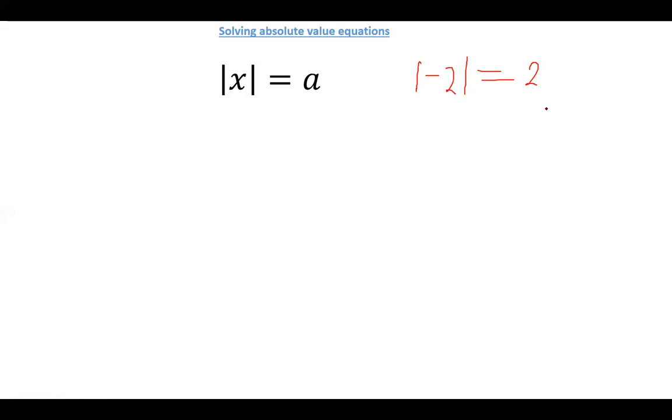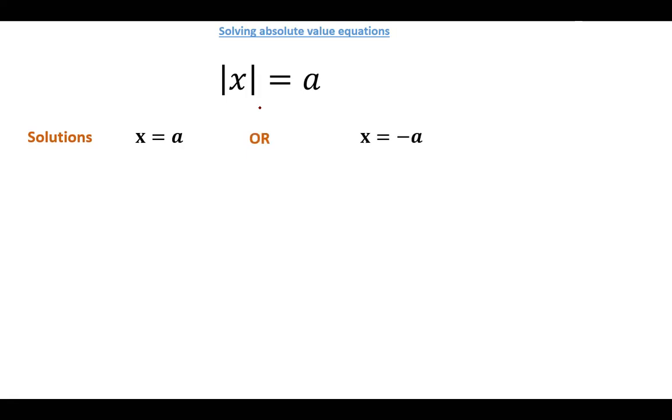What am I trying to say? When you're finding the solutions of absolute values, first of all, you have to equate, meaning this x can either be a positive or a negative x.